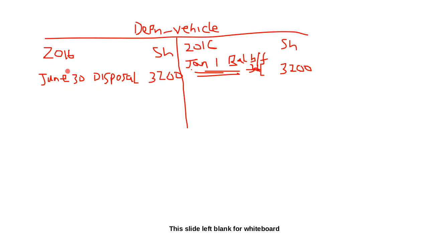So this is the disposal on June 30th, disposal 3,200. So that will be self-balancing. Any question?